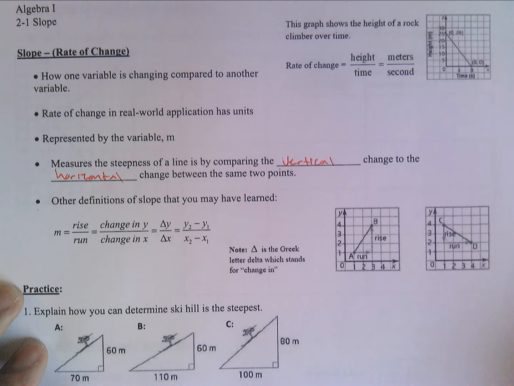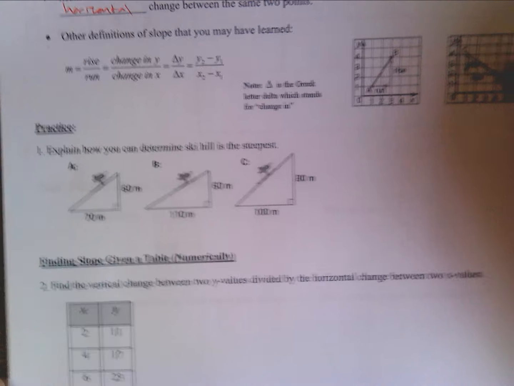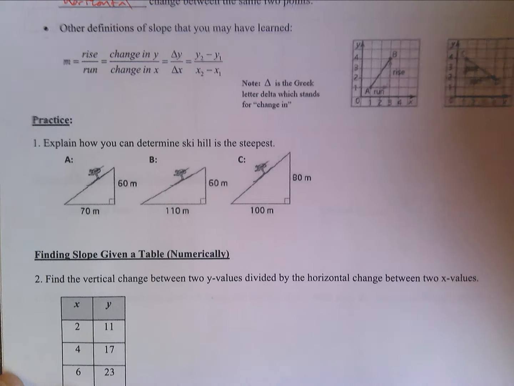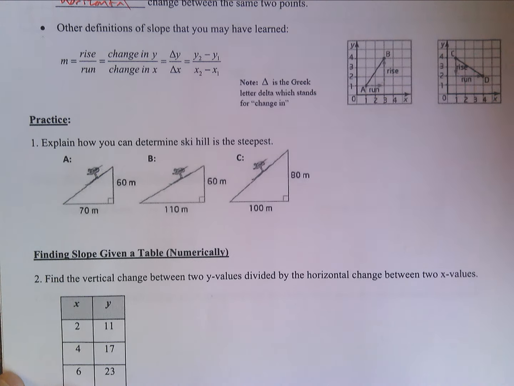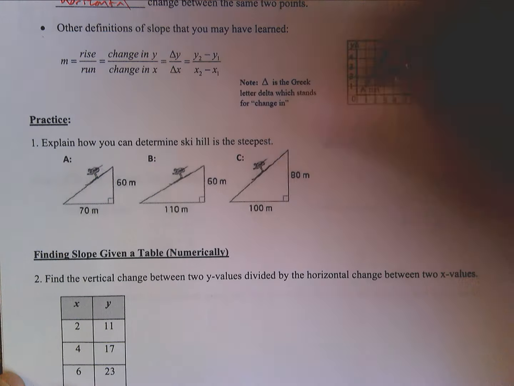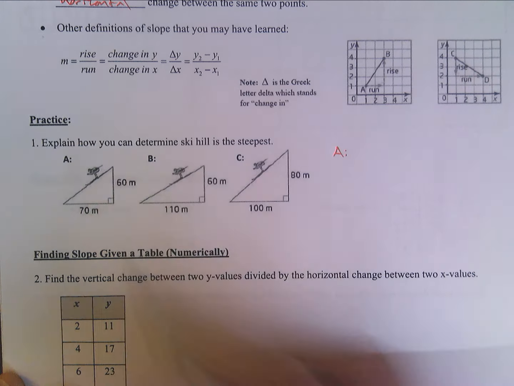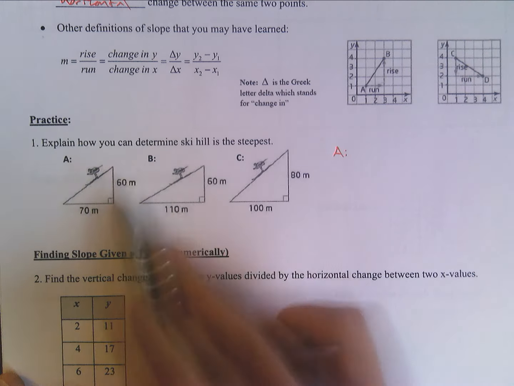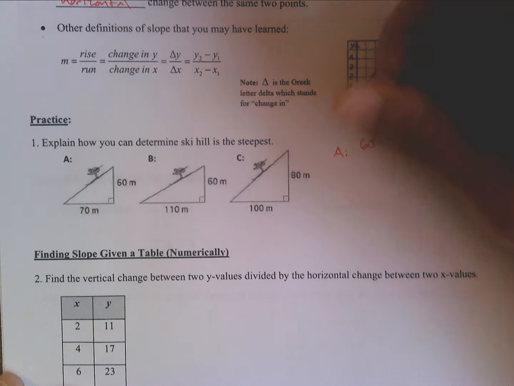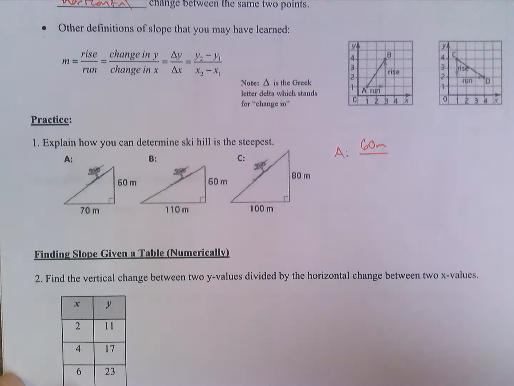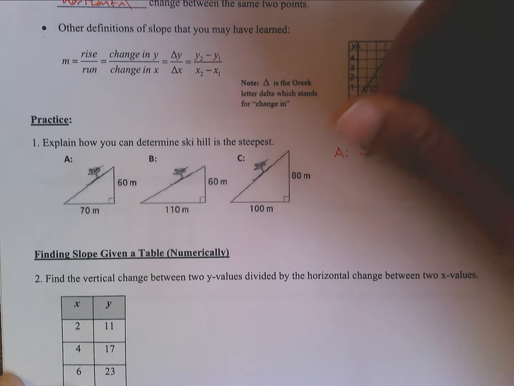All right, let's try a few examples. This first one, we want to determine which ski hill is the steepest, A, B, or C. So using what we know, let's use rise over run, or the change in y over change in x. Well, ski hill A has a vertical change of 60 meters over our horizontal change, 70.